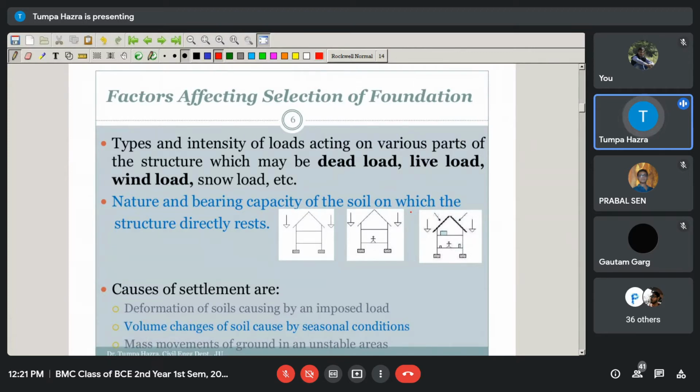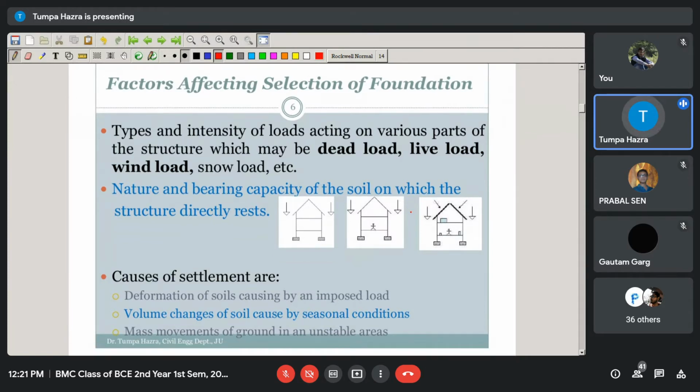So that is why, whenever you design the foundation as well as select the type of the foundation, you have to consider different issues.